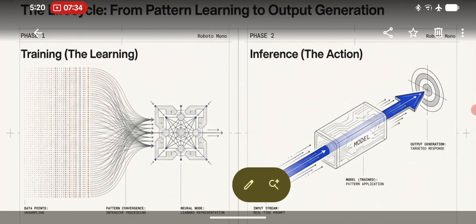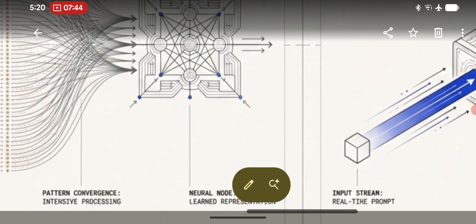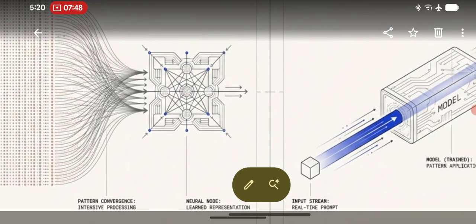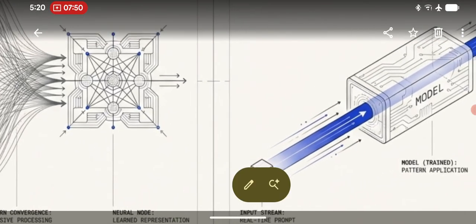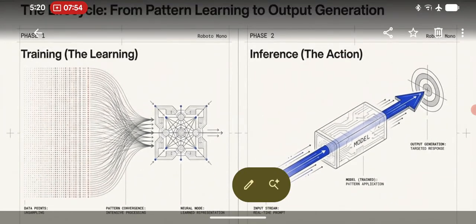So how are the large language models trained? In the neural network, all the text input is given to the input layer, which does the pattern recognition and intensive processing. It goes through forward propagation, backward propagation, and finally the model is trained based on the data input given.